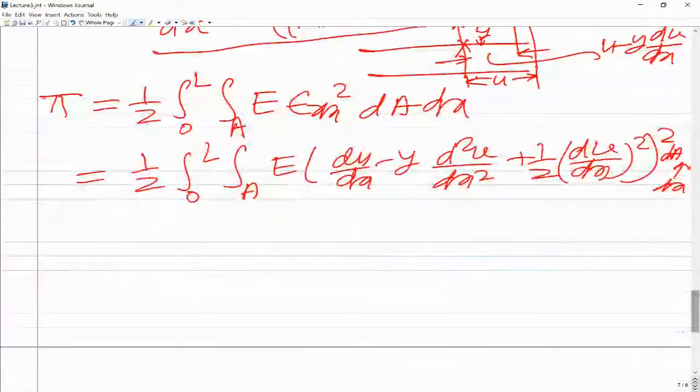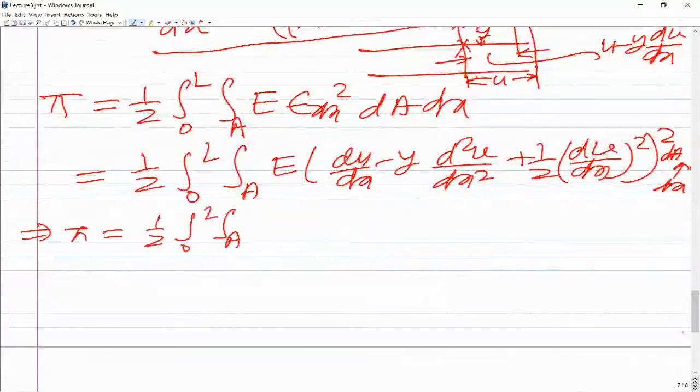Now you can say that strain energy pi is half integration 0 to L integration over A. Now let me do one thing. This term involves y, so I will keep that separate, and these two terms let me combine together.